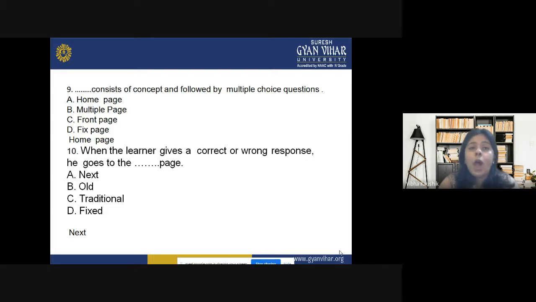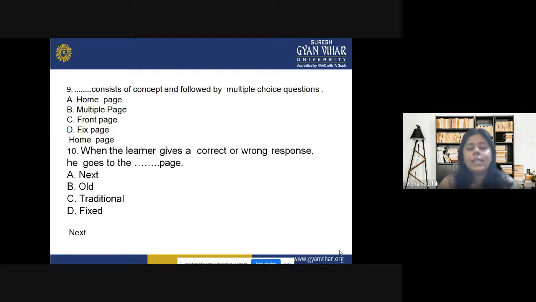Now, you have to go through all these options and select the correct one on the basis of the given choices. So, the correct answer will be, yes students, what will be the correct answer? Yes, the correct answer will be option A, that is home page.